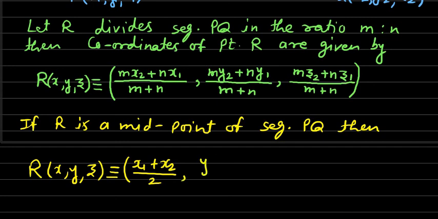The y coordinate will be y1 plus y2 divided by 2, and the z coordinate will be z1 plus z2 divided by 2.